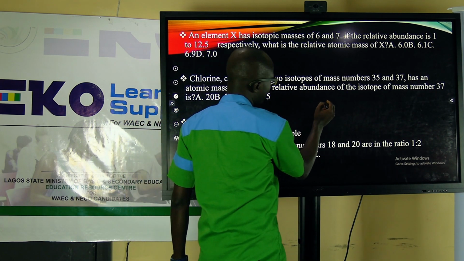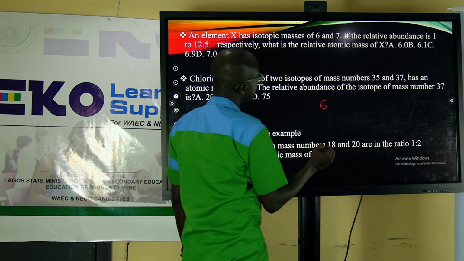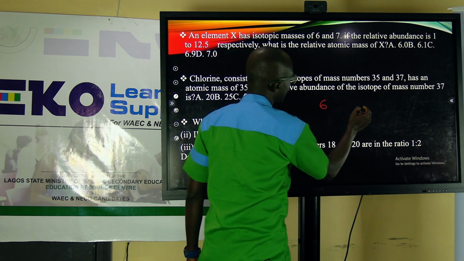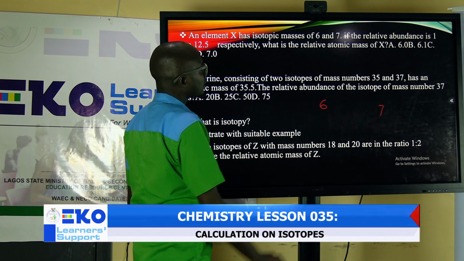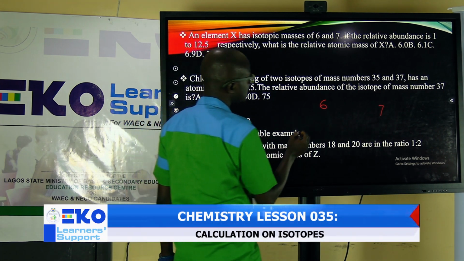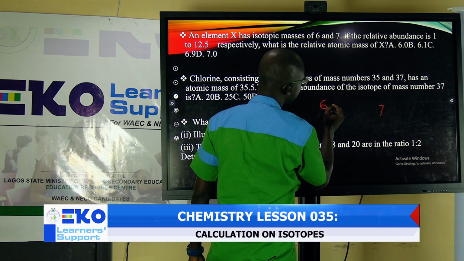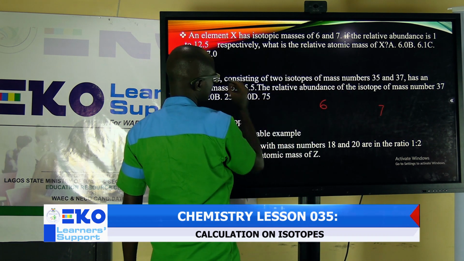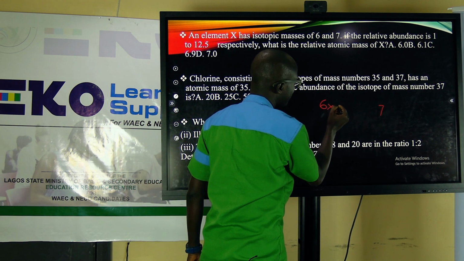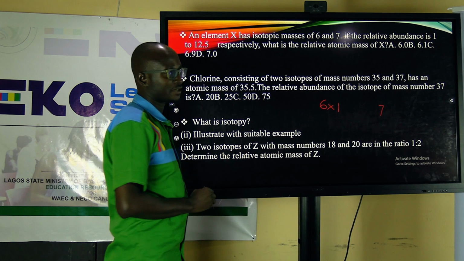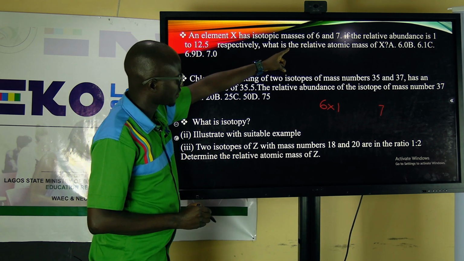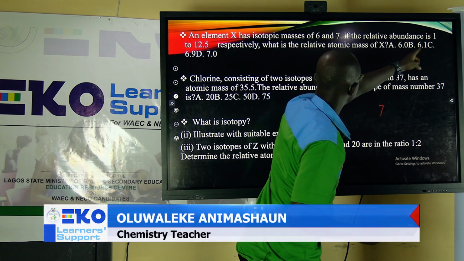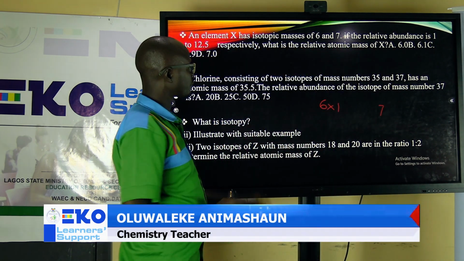We have one with mass 6, and the other one is with what? Mass 7. The one with mass 6 has 1 as its abundance. So we'll multiply by the abundance of that element. Respectively means 6 is the owner of this 1, and 7 is the owner of this 12.5.